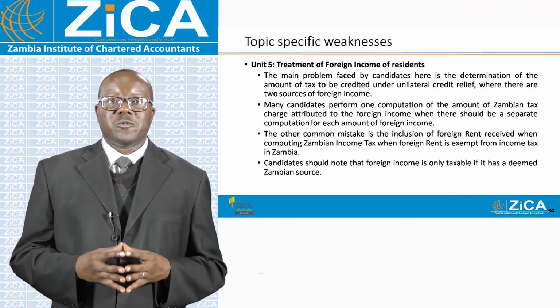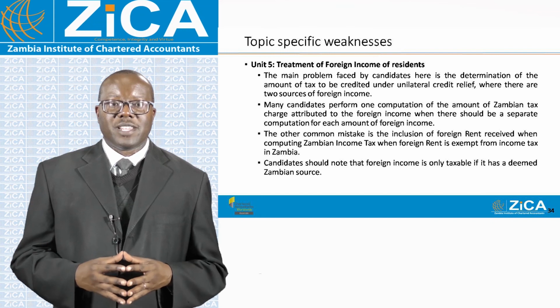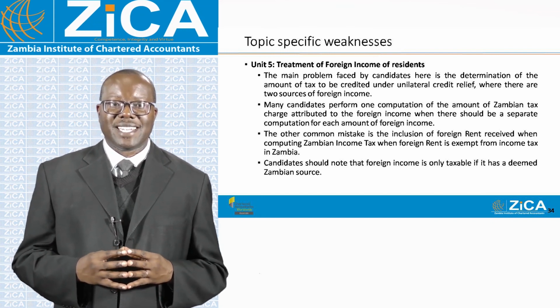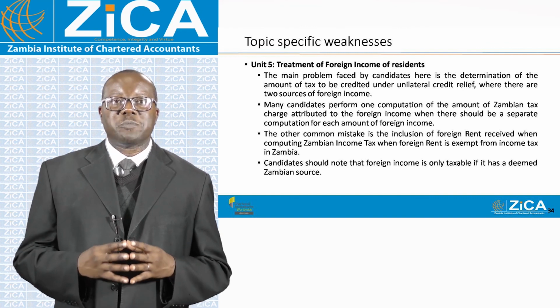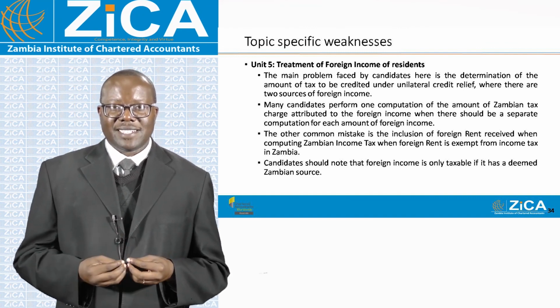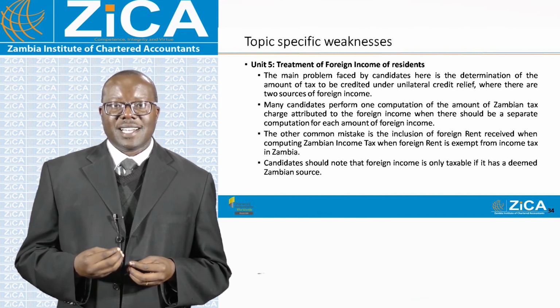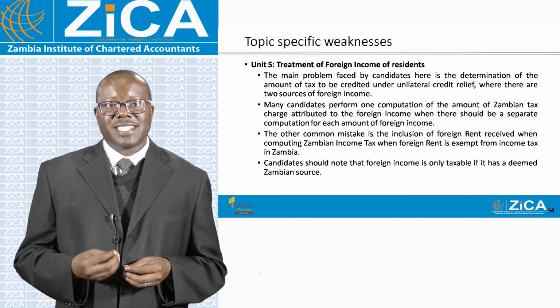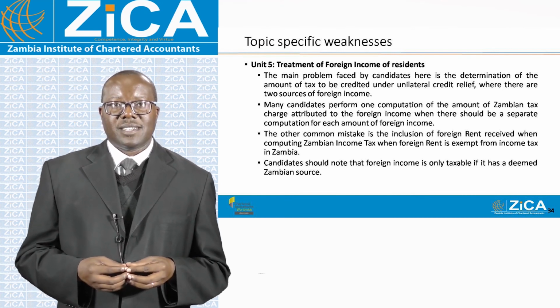Many candidates perform one computation of the amount of Zambian tax charge attributed to the foreign income when there should be separate computations where each foreign source has an amount of Zambian tax attributed to it.